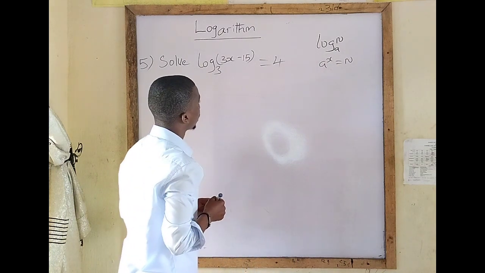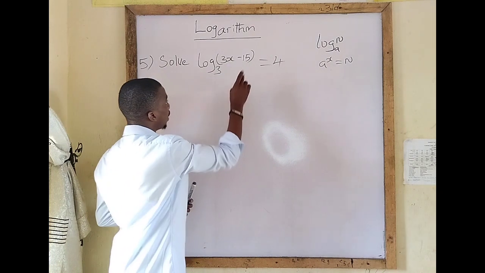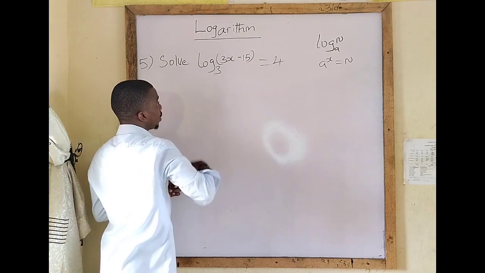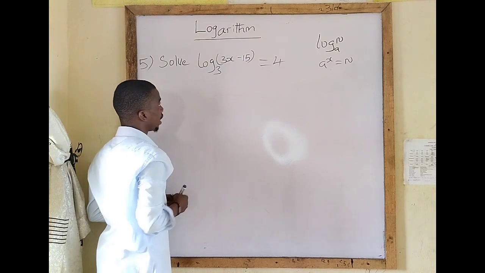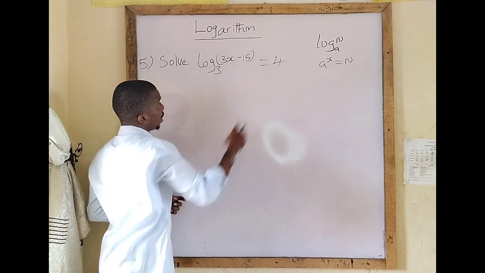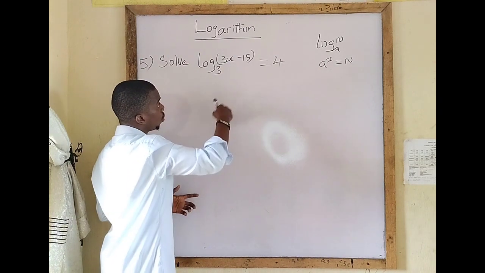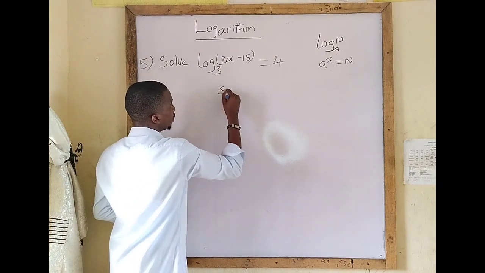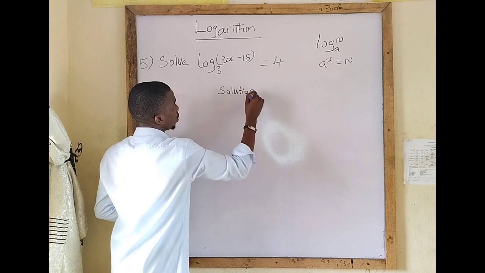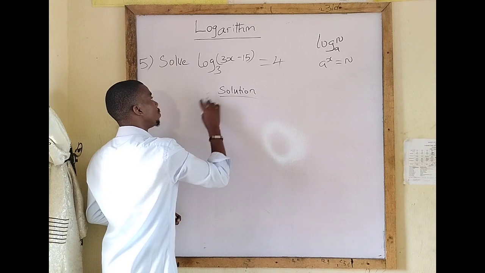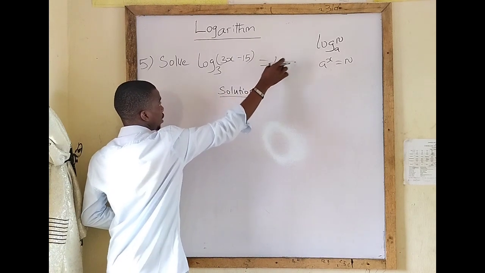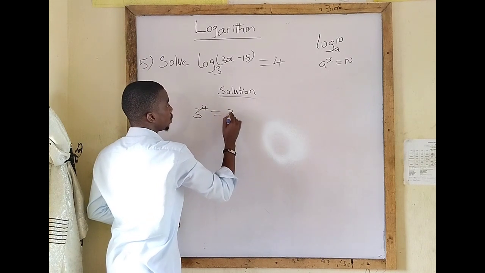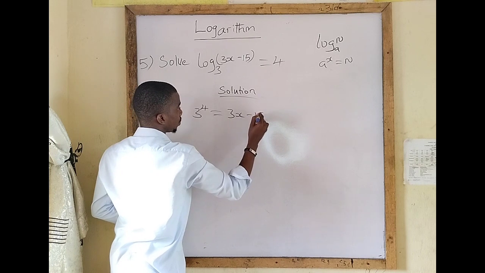So if we write this in its exponential form, based on the definition of logarithm, the 4 is actually the log here, so we raise the base to 4, and this is 3x minus 15.